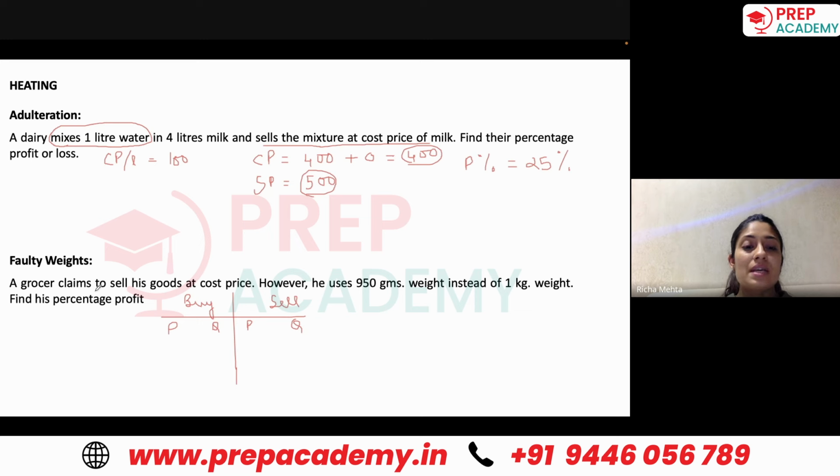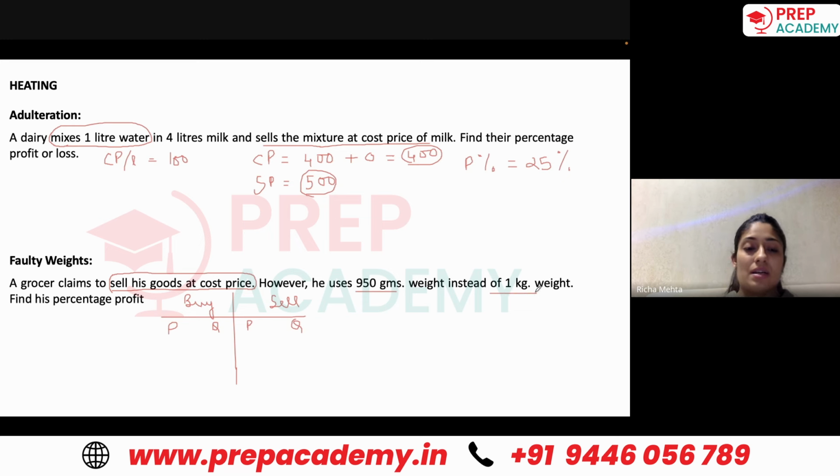Now let us see this. A grocer claims that he is selling his goods at cost price, which means upfront he is claiming that he is not earning any profit. Did we understand this? Okay. But he uses 950 grams instead of 1 kg weight.